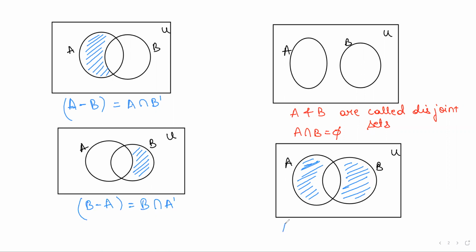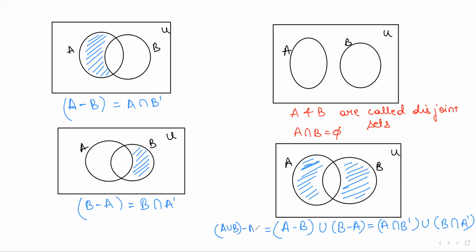So you can write this as A minus B, which is the explanation for the first shaded region on the A part, united with B minus A. Or you can also write this as A intersection B dash united with B intersection A dash, uniting these two regions.